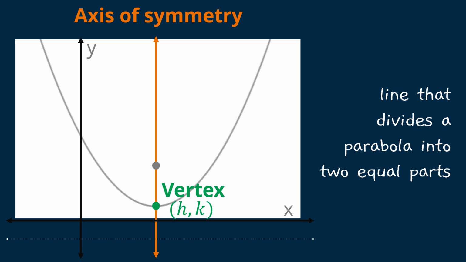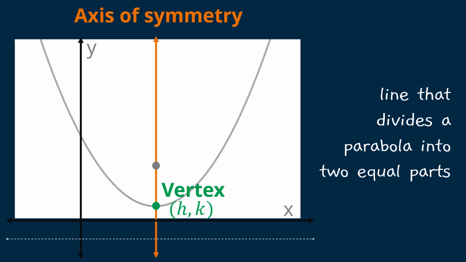As I mentioned earlier, this axis of symmetry is a line that divides the parabola into two equal parts. So equal meaning the distance between 2 points that are on the left side or right side.